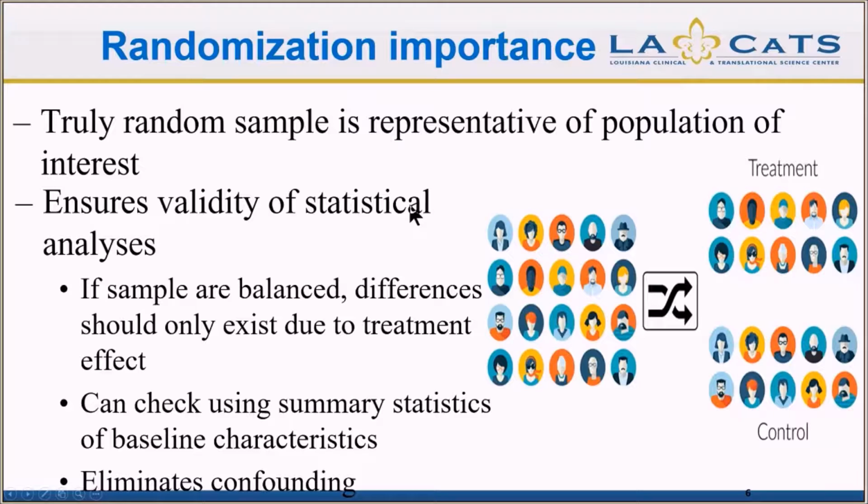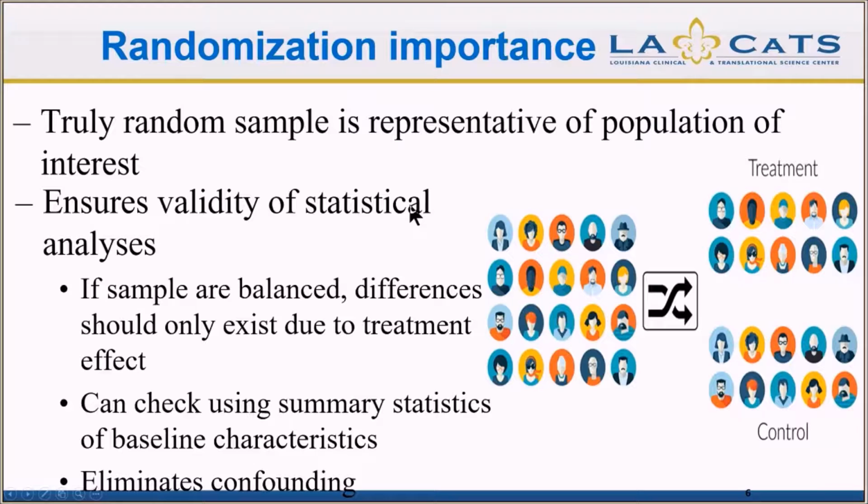So we want both of these groups to, again, be representative of the overall population. And statistical theory states that if we have a large enough sample size, if you randomly select what group they go into, whether it's treatment or control, then both groups should represent the overall population we're trying to get at.